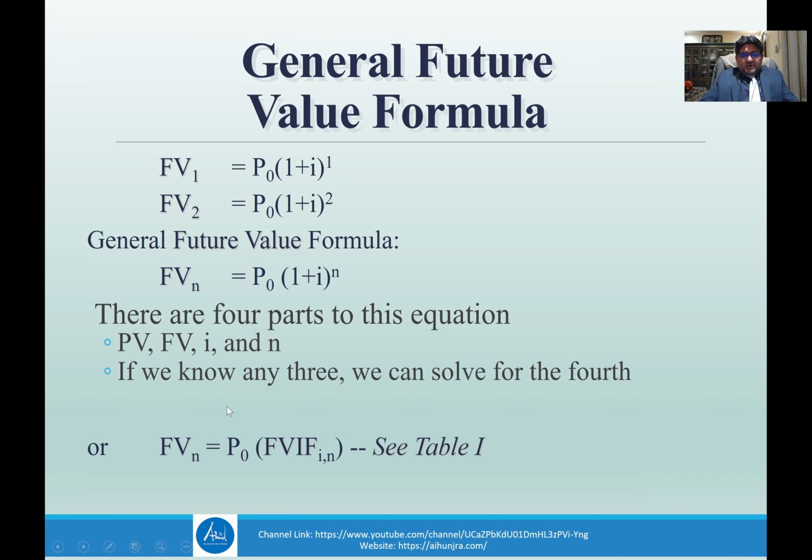So for the same question, future value of n time periods is present value multiplied by this part, the future value interest factor of I and n. So instead of (1 plus I) raised to n, we can write future value interest factor. Look at the table here.